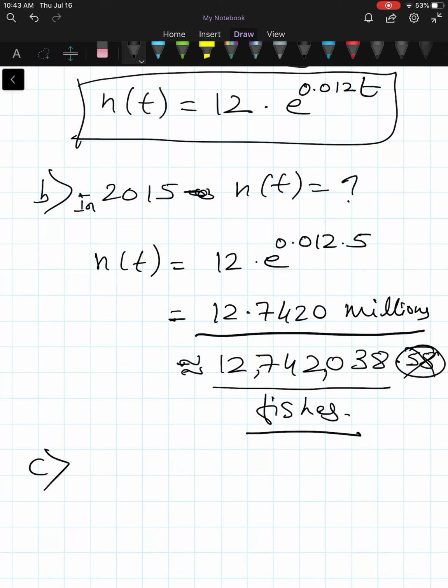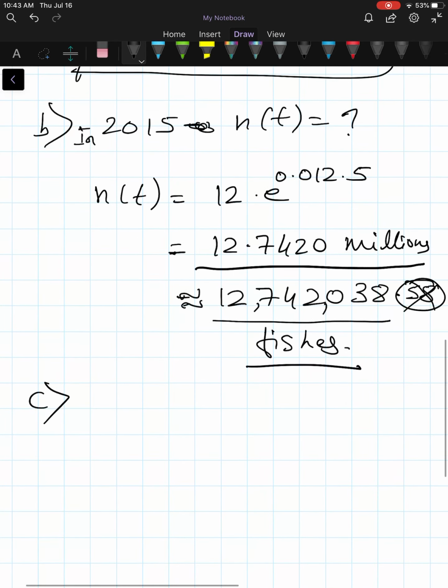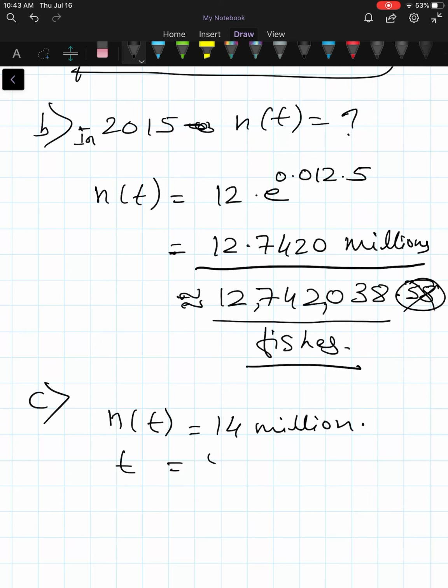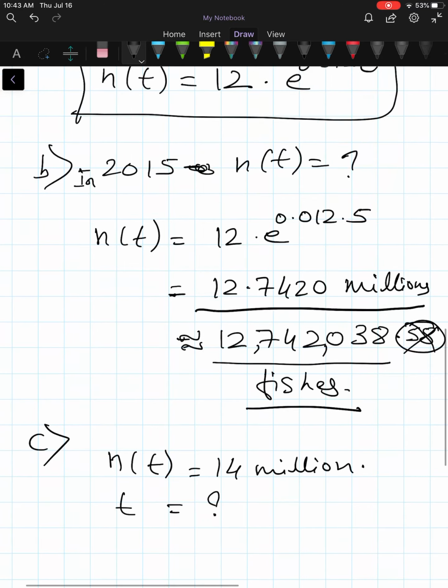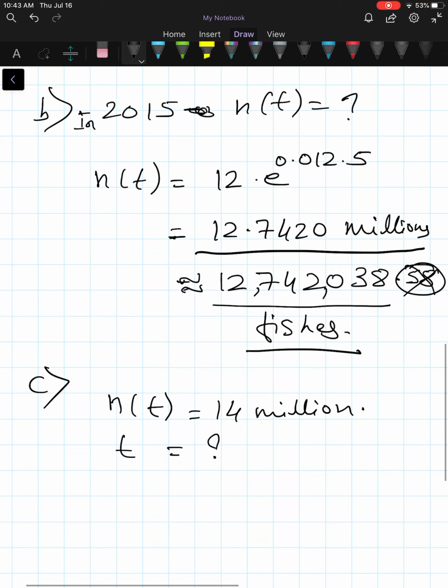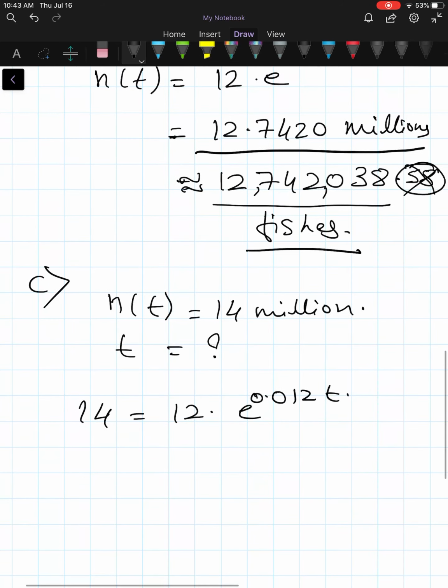Okay, so the next one is C. Part C of the problem says, after how many years will the fish population reach 14 million? So you have to calculate when N of t is 14 million. What is t? So to substitute that, 14 is equal to 12 times e to the power of 0.012 t.